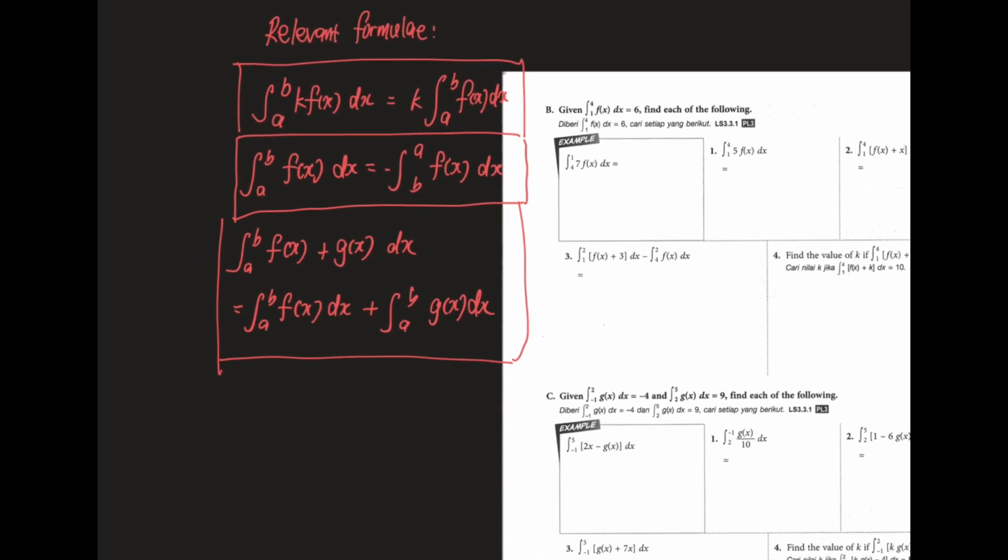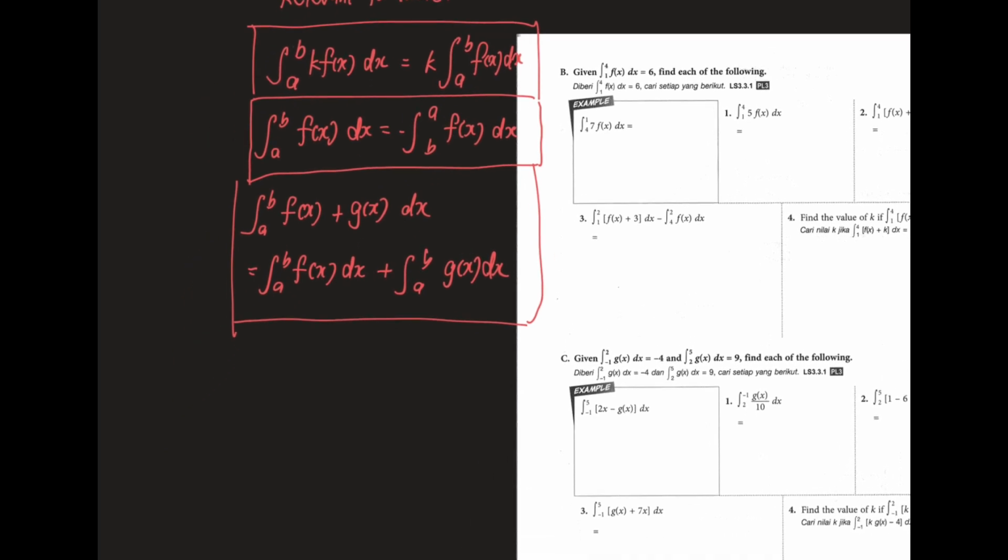There is another situation that we need to know. This one I need to put on a number line. Let's say A is here, B is here, C is here. A is the smallest number, B is a bit greater than A, and C is also greater than B. C is the greatest.